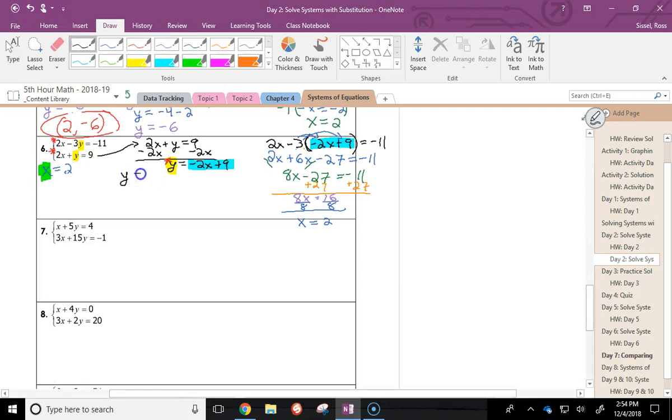So y equals negative 2 times x. Well, x was 2. Plus 9. Y equals negative 2 times 2 is negative 4 plus 9, which leaves me with y equals 5. Final answer is 2, 5.